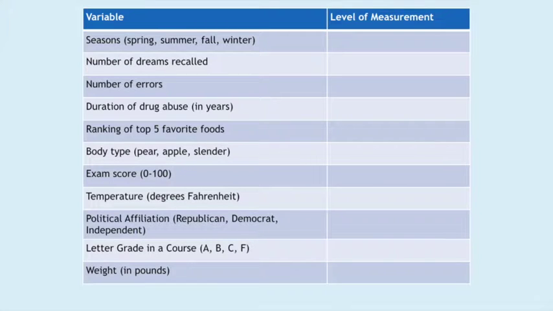What if I asked you to rank your top 5 favorite foods? So if you had to pick 5 foods and put them in order from your most favorite to your least favorite of your top 5, what would that level of measurement look like? It would be ordinal. So let's say my top foods are pizza, ice cream, apples, bananas, and let's think of something else good here.